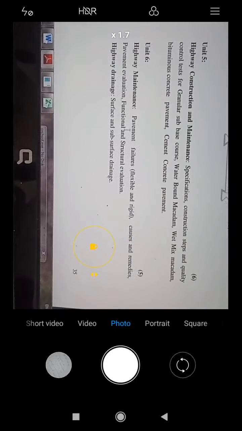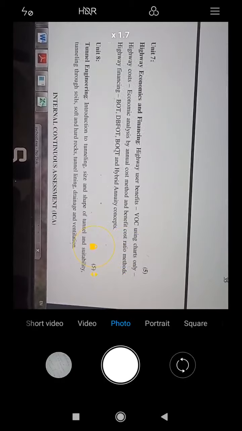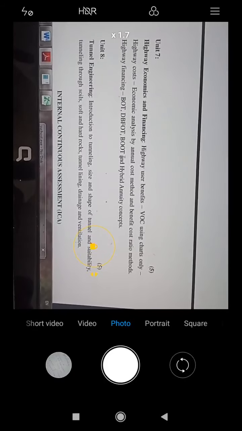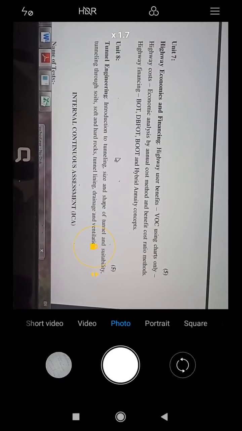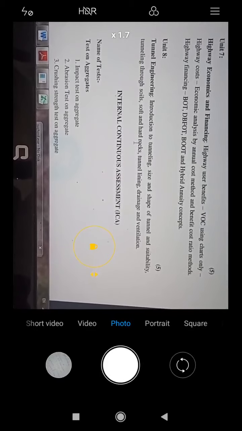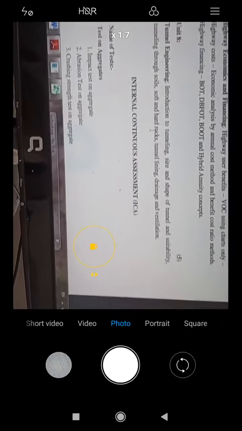Then unit number 6 is highway maintenance, highway drainage, etc. And unit number 7 is for the financing of highways, highway financing and highway user benefits. Then lastly, unit number 8 is tunnel engineering: different types of tunnels, their shape, their size and their suitability.